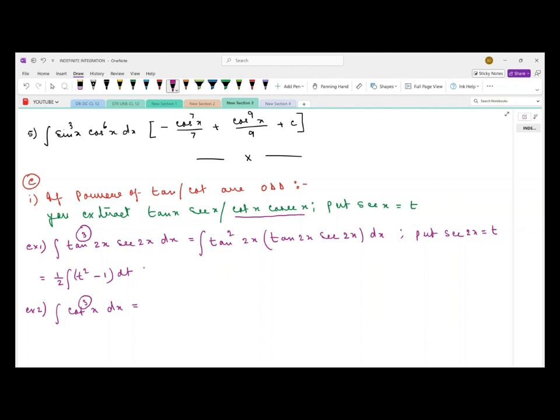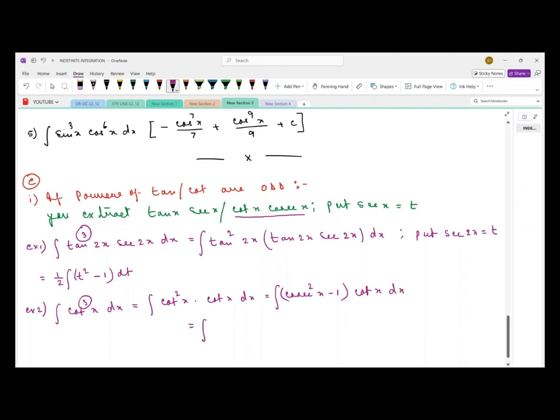We split the cube like this: cot square x into cot x dx, and then cot square x is cosec square x minus 1, times cot x dx.